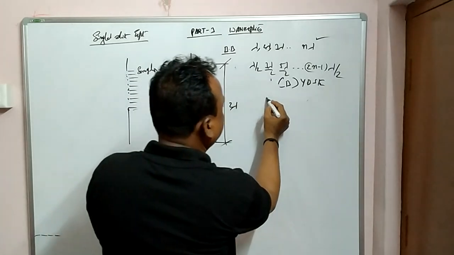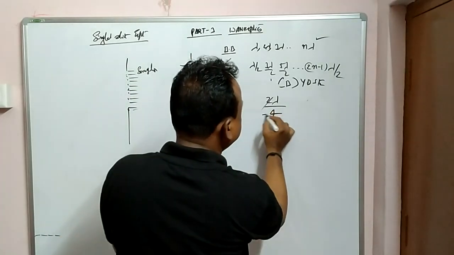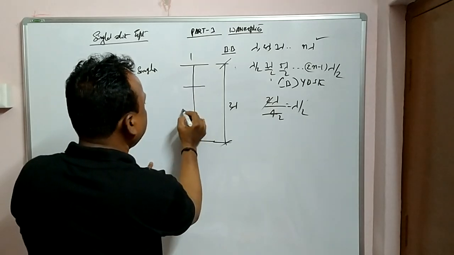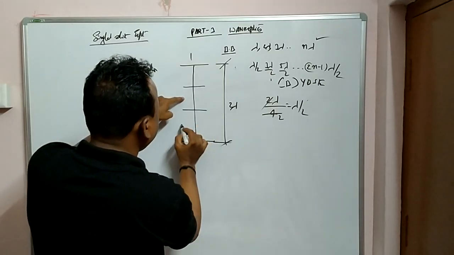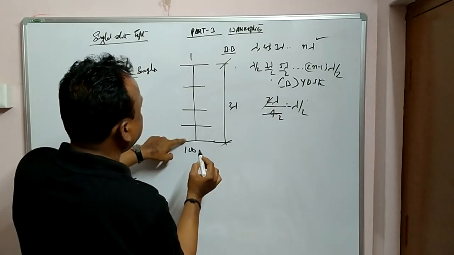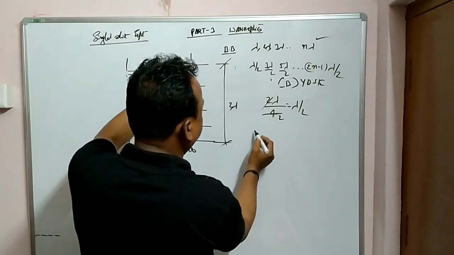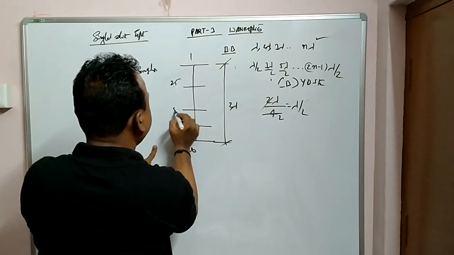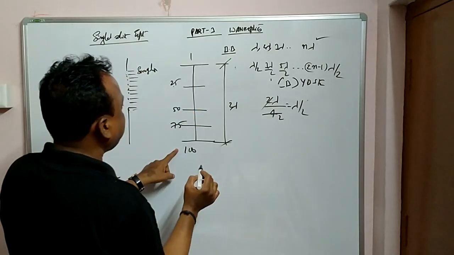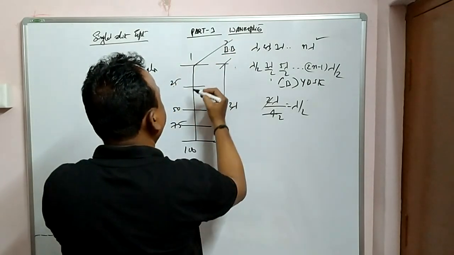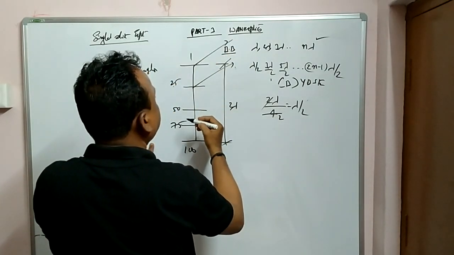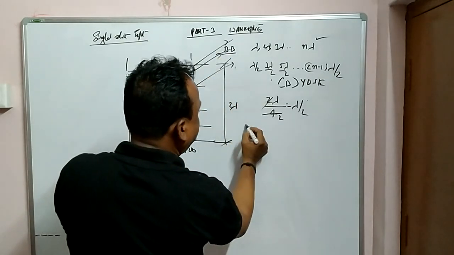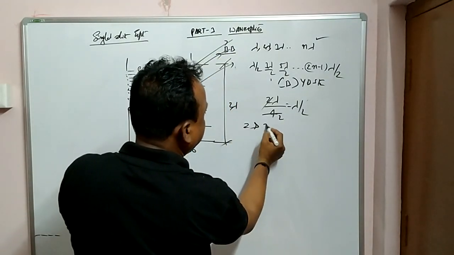I will divide 2 lambda by 4, so again lambda by 2 each. That means I am dividing 100 by 4: 25, 50, 75, 100. This is the first source of light, this is 25. So what happens here? Between the second light, you have to maintain 25 and 27.